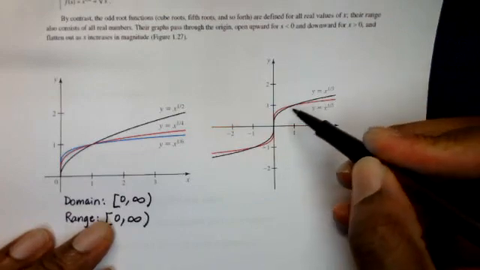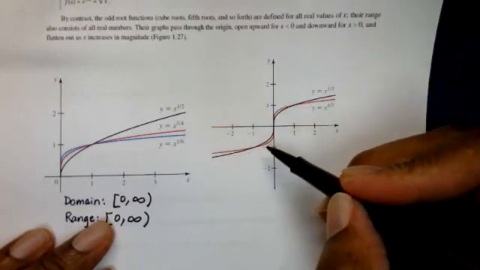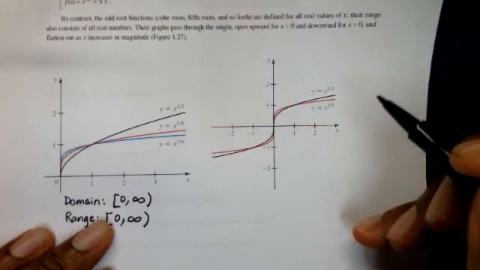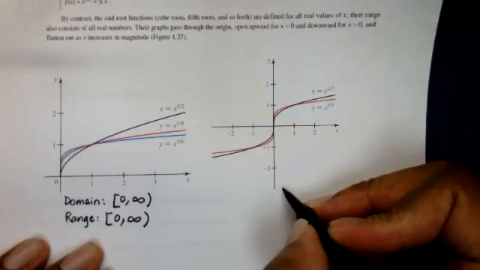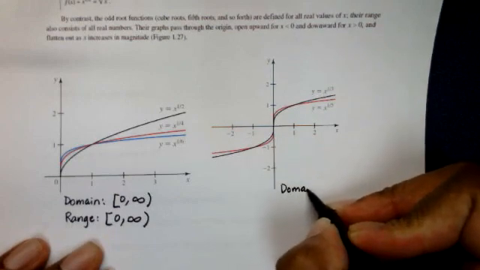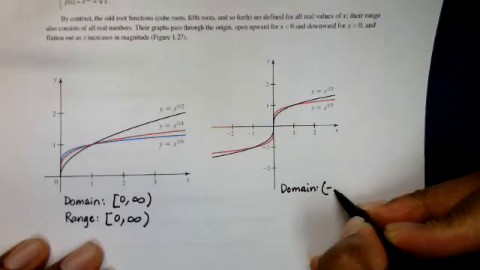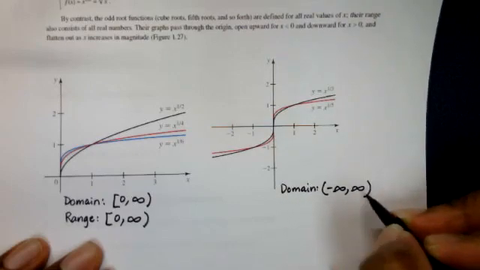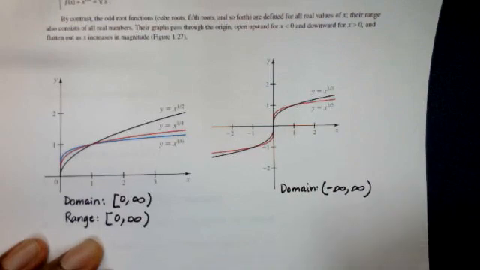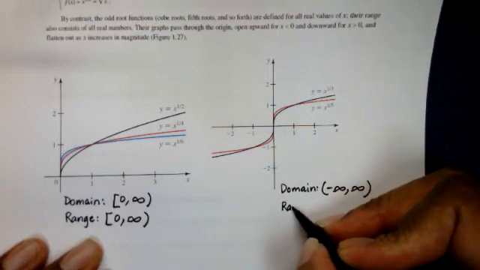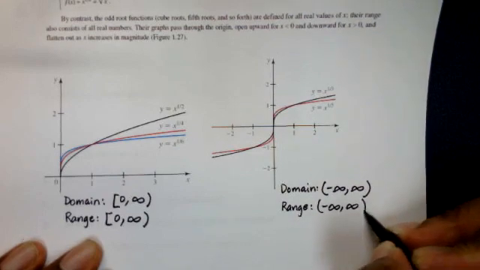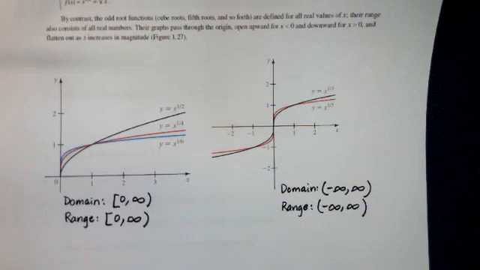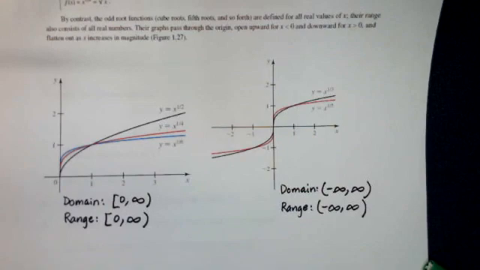So these are what the graphs look like for y equals x to the 1/3 and y equals x to the 1/5. And in these cases, the domain is always going to be from negative infinity to infinity. The range is also negative infinity to infinity, since they're defined for all real values of x.